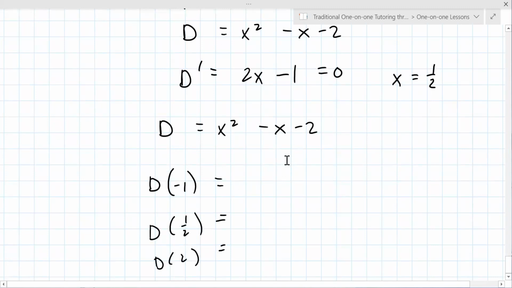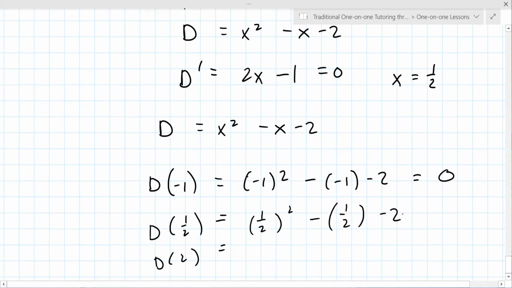Okay. So it's minus 1 squared minus a minus 1 minus 2. So that ends up being 0. So 1/2 squared minus 1/2 minus 2.